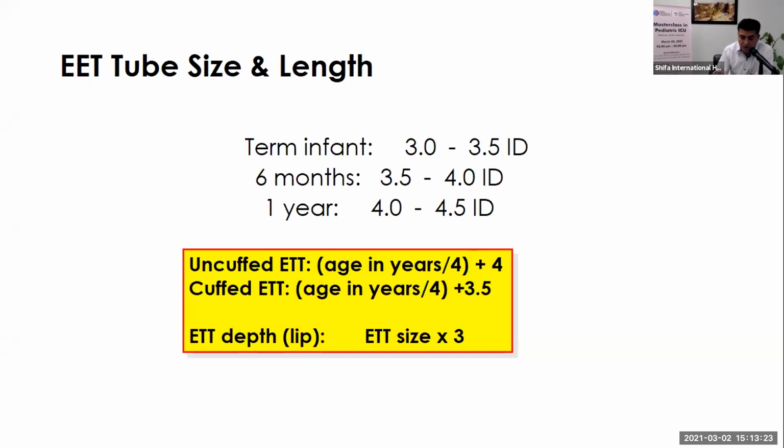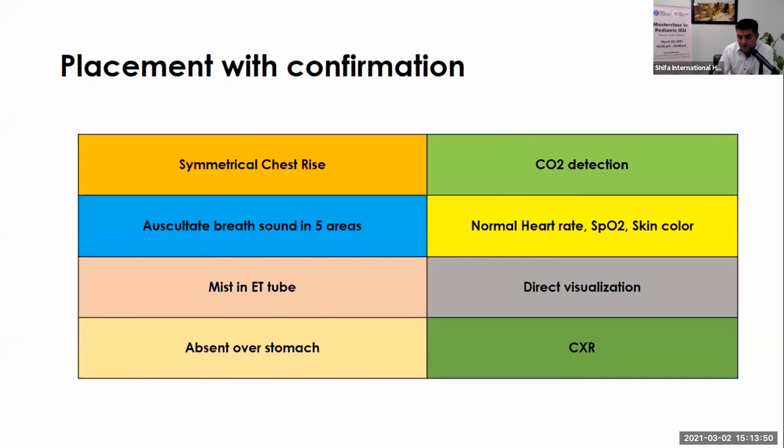And above 1 year, you use the formula age in years divided by 4 plus 4 if it is an uncuffed tube, and age in years divided by 4 plus 3.5 for a cuffed endotracheal tube. We prefer a cuffed one, especially for the elder kids, because it will prevent leaking around the endotracheal tube. For the depth, simply endotracheal tube size times 3 at the lip level.